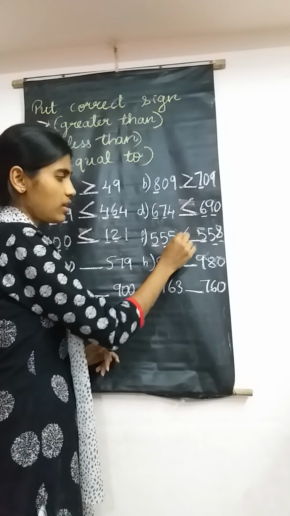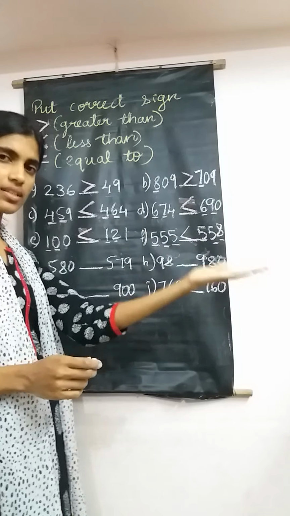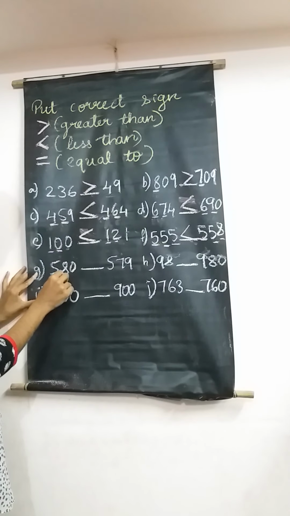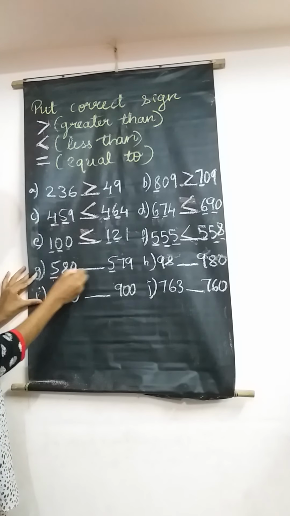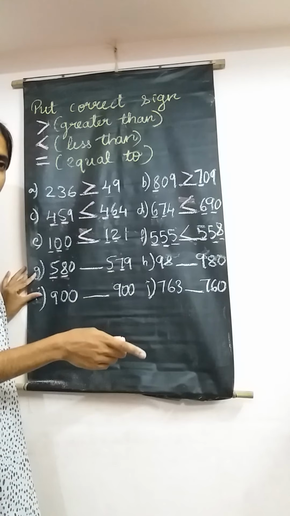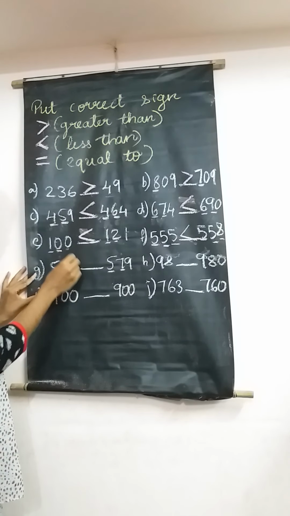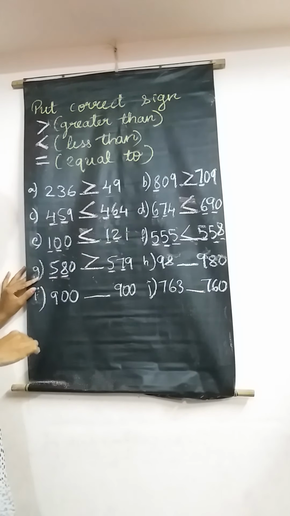So let us put the lesser sign. 555 is lesser, 558 is greater. Let us come here. 5, 5, same. 8, 7, different. But which is greater? 8 or 7? 8 is greater. So now we can say 580 is greater. So our sign is the greater sign.